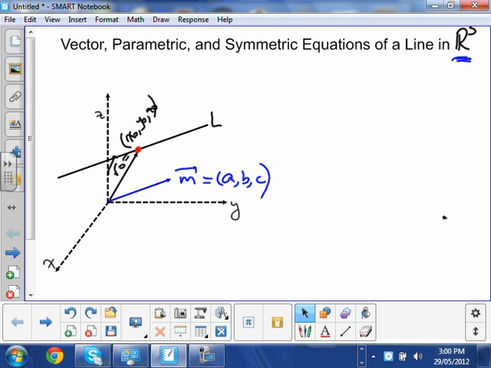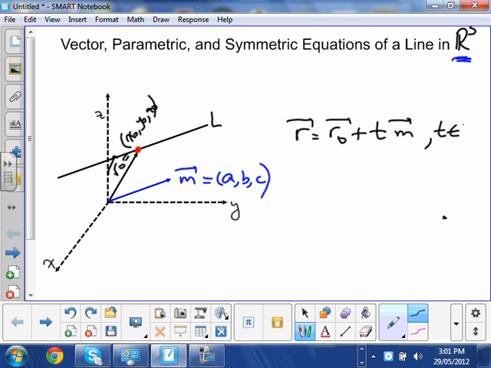I'll do the same for the line in 3D. I'm going to write R, the position vector to any point on the line, as R0 plus tM, where t is nothing else but a real number.